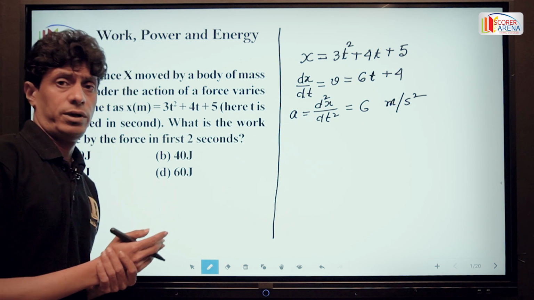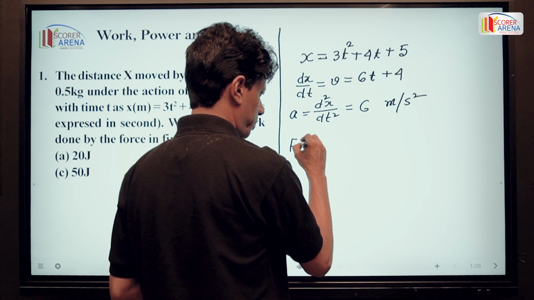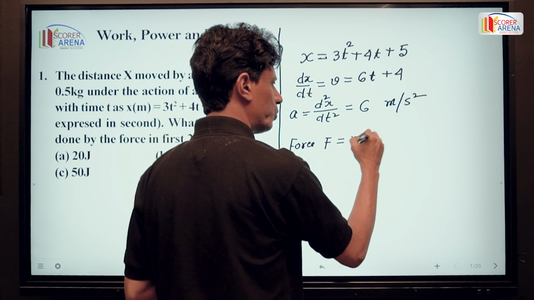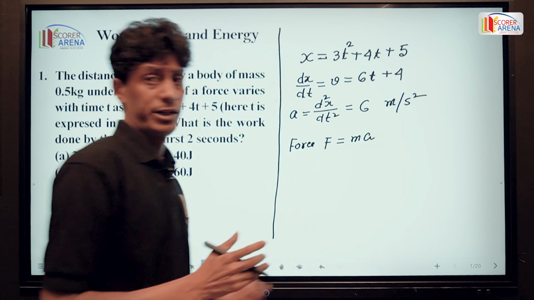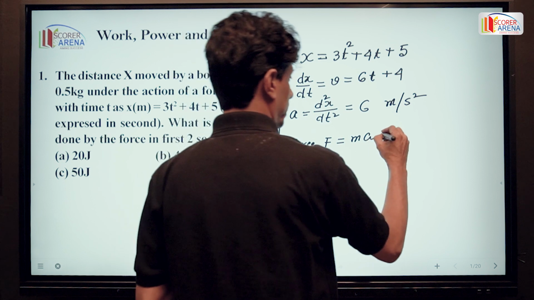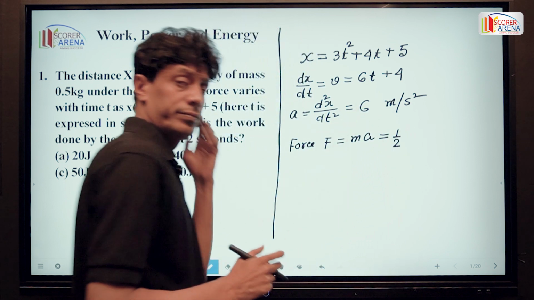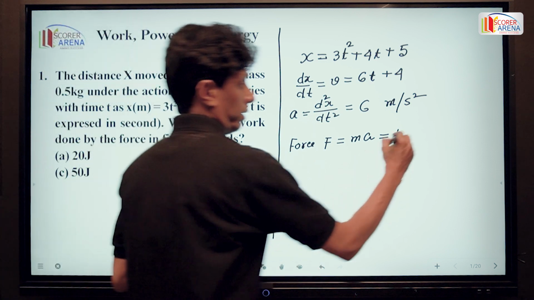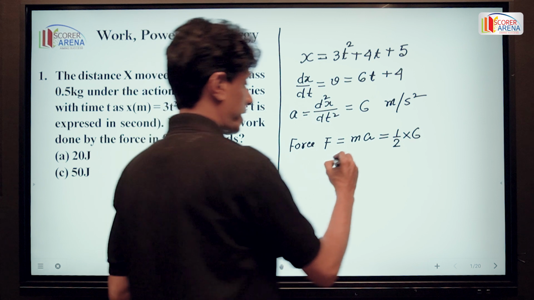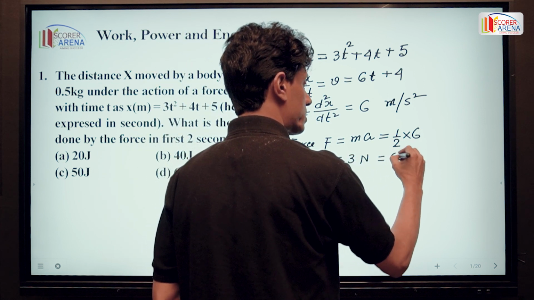So the force acting on the particle, F, is equal to m into a, mass into acceleration. The mass given in the problem is half kg and the acceleration is 6 meter per second square. So the force acting on the body is 3 Newton and this force is constant.